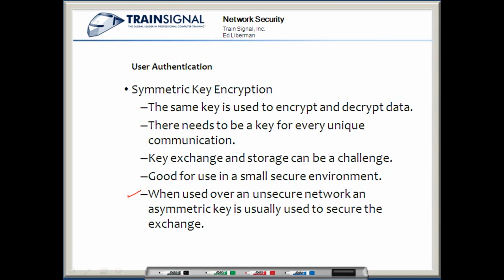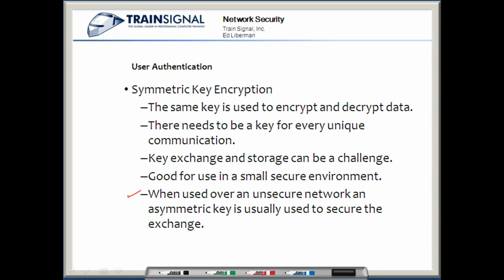Now, key storage can be a challenge because of the sheer volume of keys that you can have if you have a lot of users who are all going to be communicating with each other. Just to give you an idea, let's start with just 2 of us.